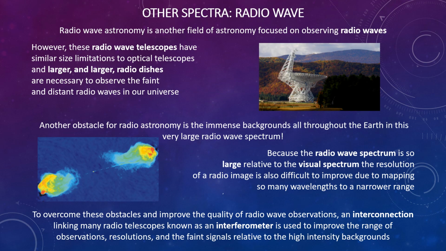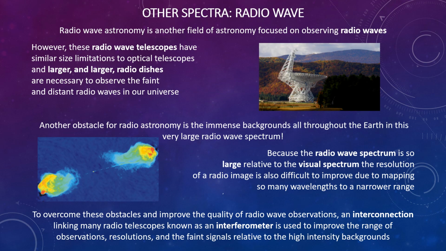Those are all categorized as radio waves. So it's an incredibly large spectrum, and there's a lot of things emitting at different points in this spectrum. So it's very difficult to map these radio wavelengths that we're recording to the visible, because the visible has a narrower range. We just can't do a one-to-one mapping.